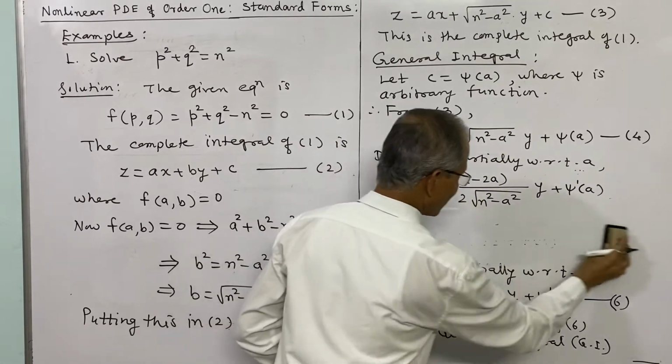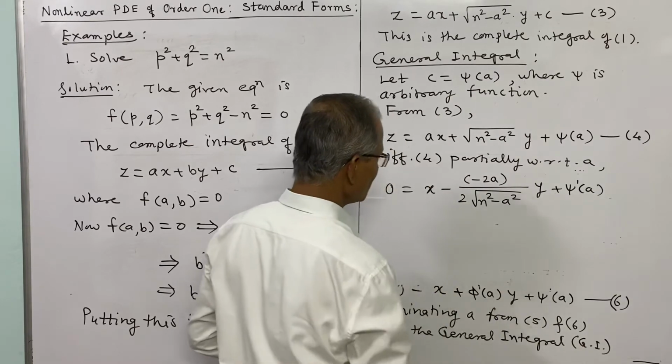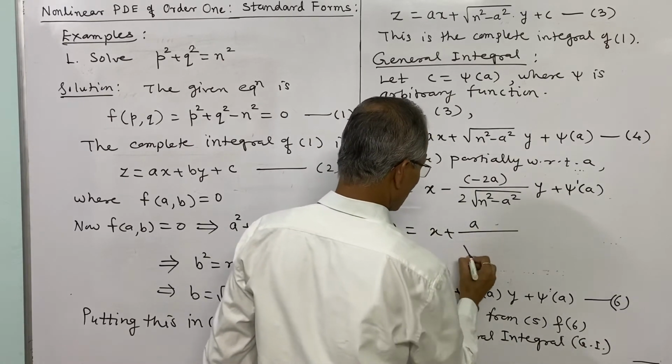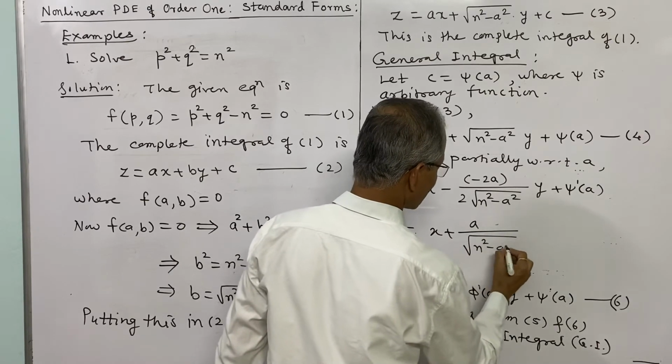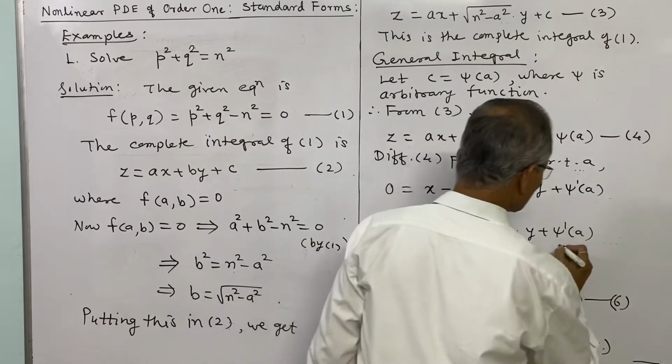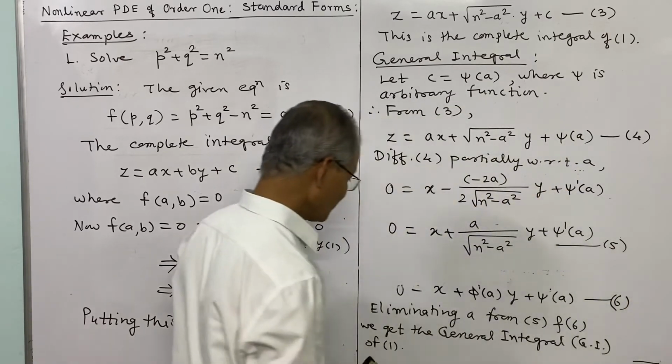Finally, that can be written as 0 is equal to x plus a upon root of n square minus a square into y plus psi dash of a. Now suppose this as phi, equation 5. So what is final?